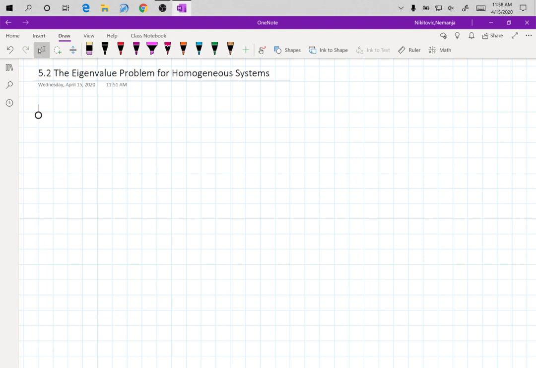Then, when we had the second order, you had a characteristic equation with r, and you figured out that when you had two separate real solutions, you had e to the r1 t and e to the r2 t, right?